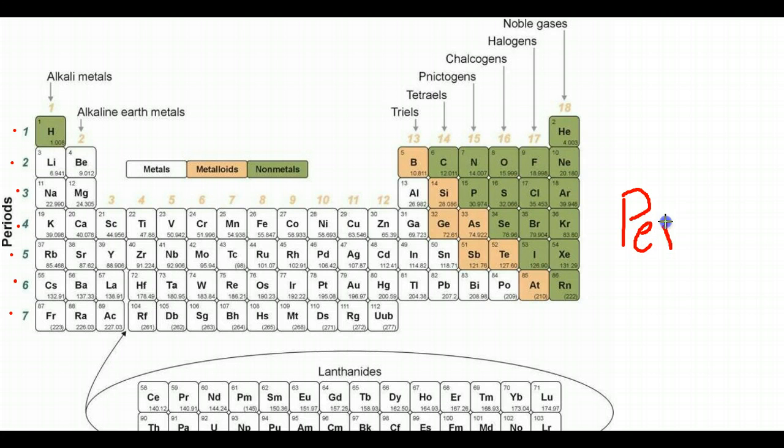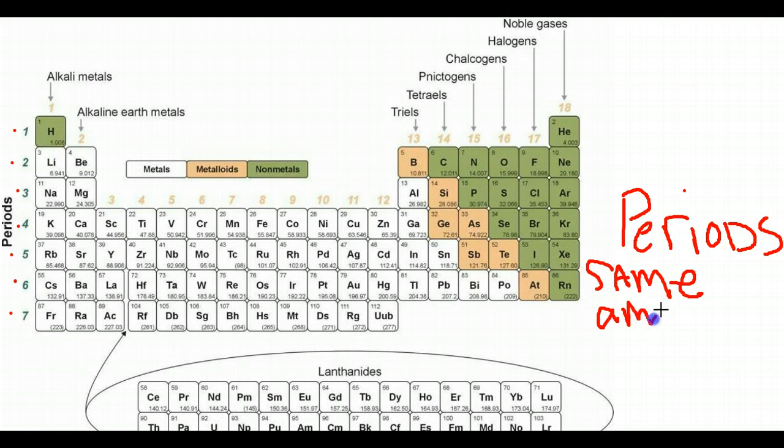Now, periods tell us something very special about all of the elements that are on the same period, on the same row. And what is that? Well, they're all going to have the same amount of energy levels.